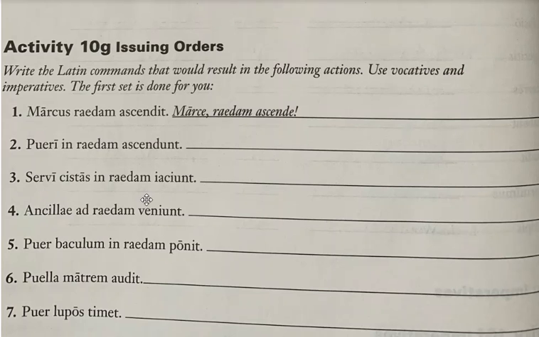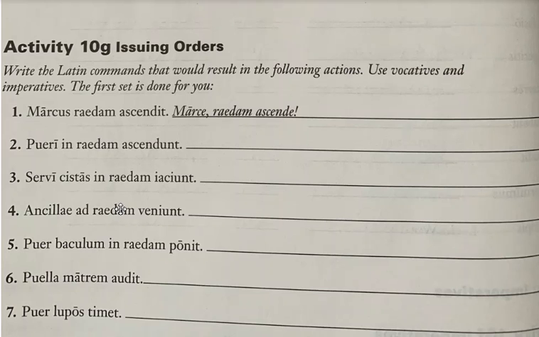But veniunt, which is a plural verb, right, for the plural noun ancillae, this is going to change to a plural imperative. And I think if you look at your workbook, you probably already wrote the plural imperative for venire, which is fourth conjugation. So this one will be venite, and then ad raedam again stays the same.